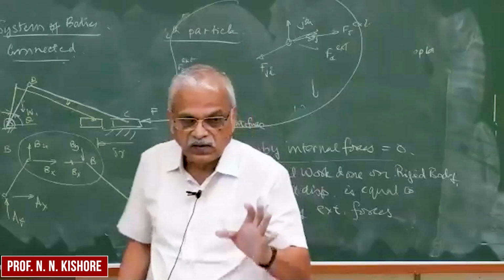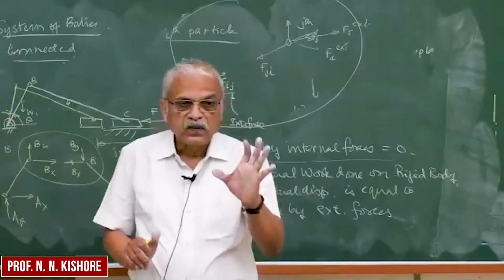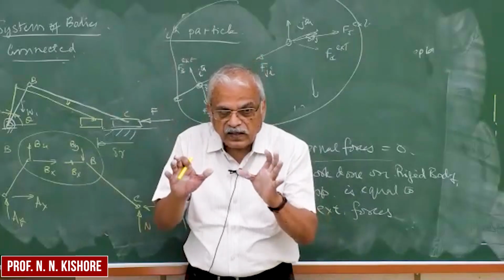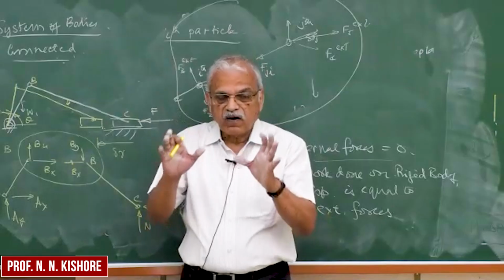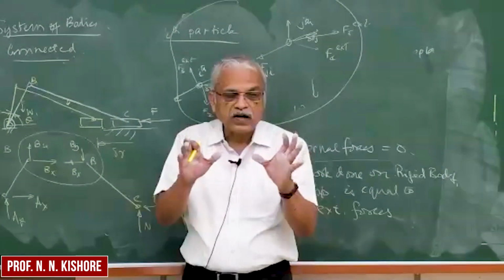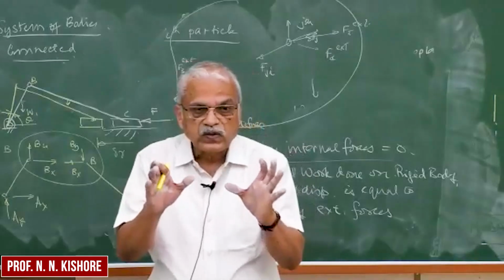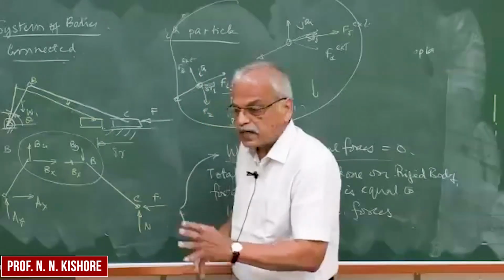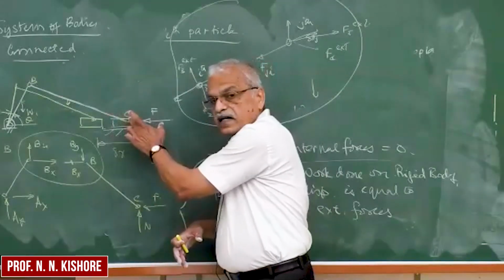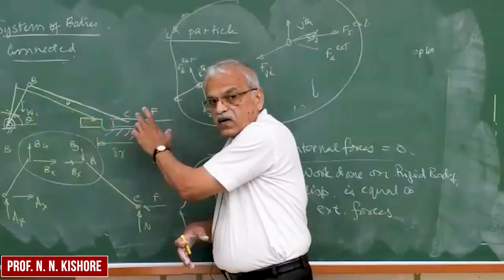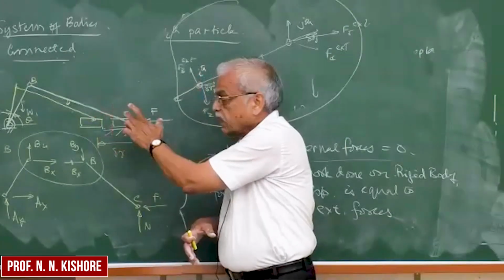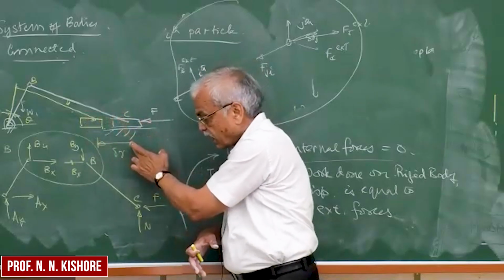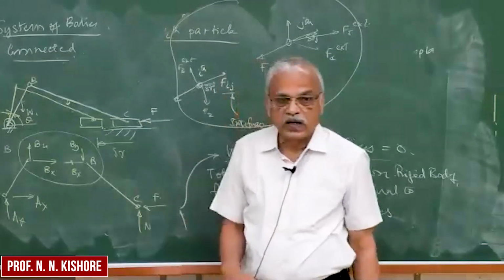So this is because in the principle of virtual work, we are going to say that the virtual work done by the system of external forces for a virtual displacement which is satisfying all the constraints. So here the constraint is that this piston is moving along the horizontal ground, right? If it is moving on the horizontal ground, then the normal reaction which is acting here will do no work.